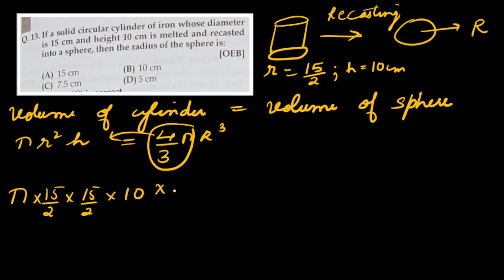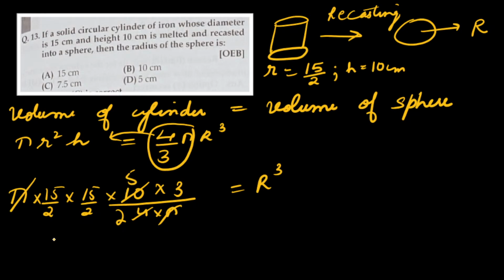When 3 we are shifting, it will get multiplied. When 4 pi we are shifting, it will get divided. So 4 into pi. This side I am left with R cube. Pi and pi will get cancelled. On 2's table we can do cancellation now: 2 into 2, 2 into 5.